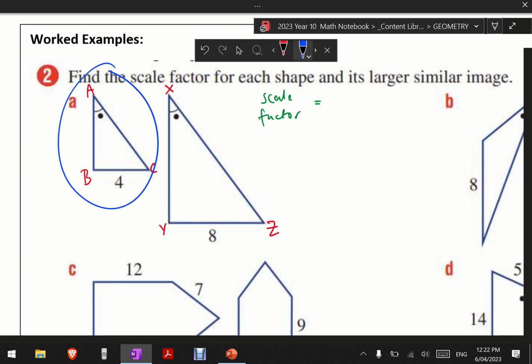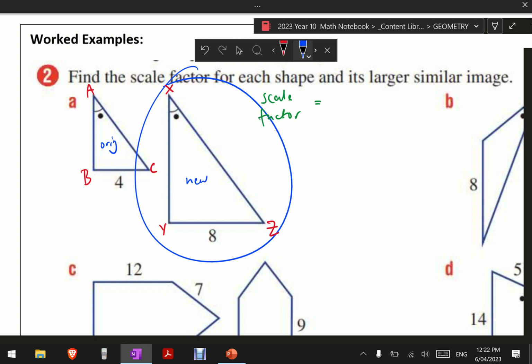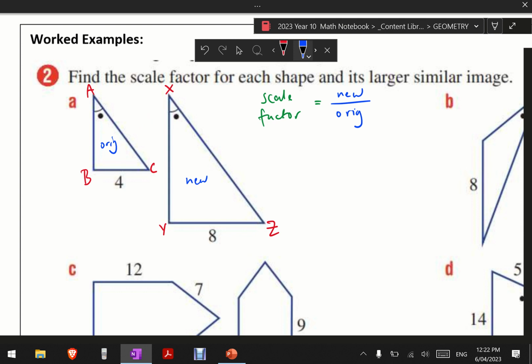So if this is the original shape and this is the new shape, let's treat it as that. So it's new divided by the original. And remember, for these questions, to find the scale factor, you have to use the corresponding sides. So on my new shape, I'm going to use YZ.